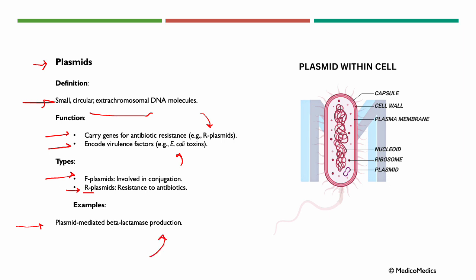Now, why is this relevant to you as a medical student or someone interested in the subject? Well, understanding plasmids is crucial in clinical microbiology and infectious disease management because they play a significant role in antibiotic resistance and bacterial pathogenesis, and of course, therefore, in our treatment strategies.